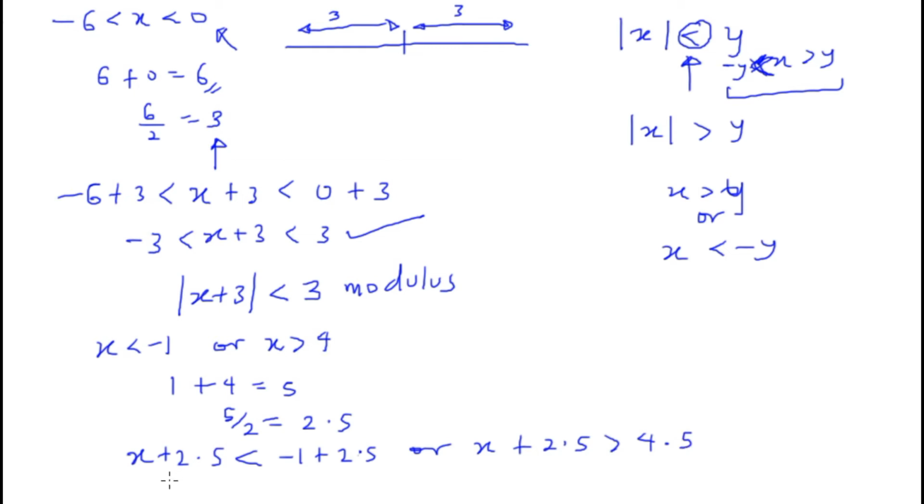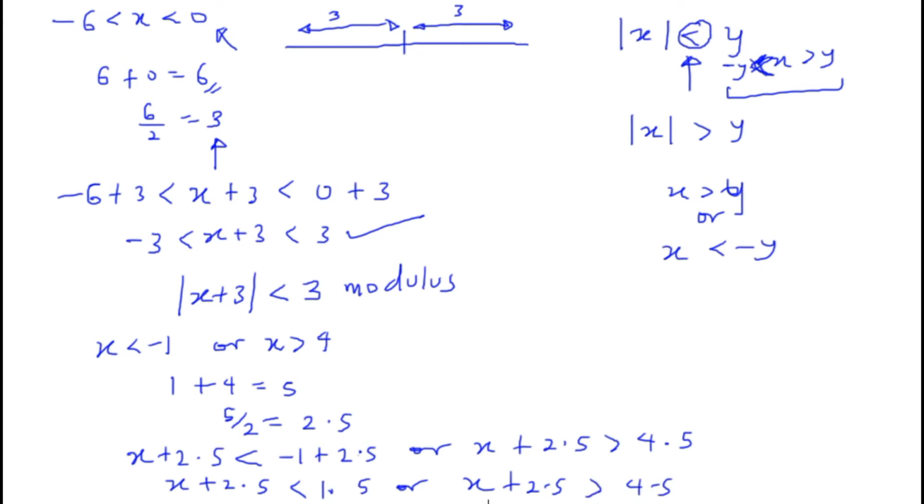So if I do this very well, I'll have x plus 2.5 less than -1 plus 2.5, that's supposed to be 1.5, or x plus 2.5 greater than 6.5.